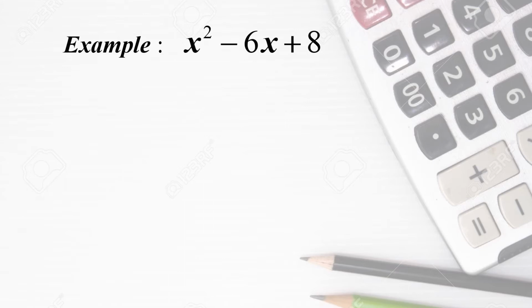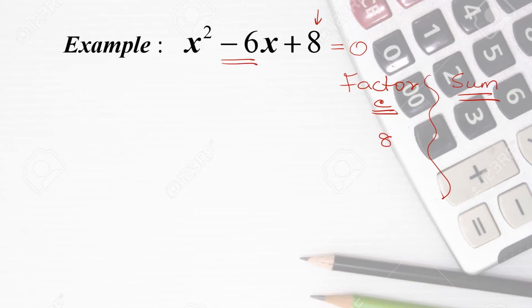If x square minus 6x plus 8 equals 0 is written, you have to factor the c. It means you have to factor the third term, that is 8, so that the sum equals the middle term, that means the b, which is equal to negative 6.